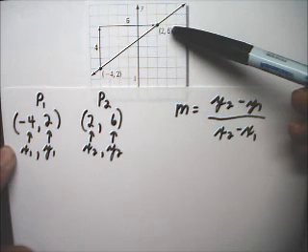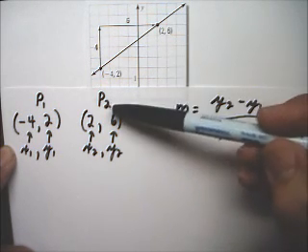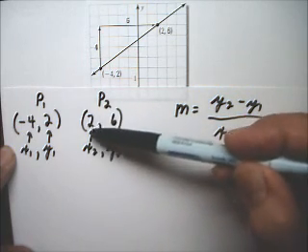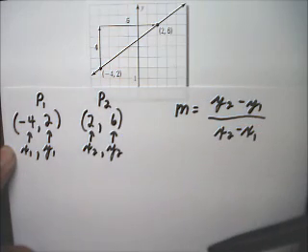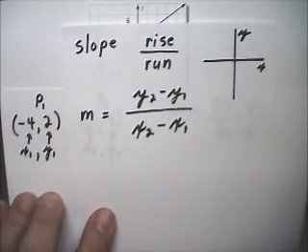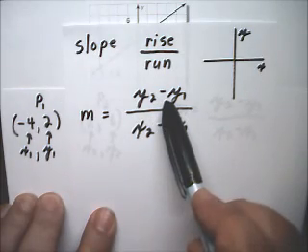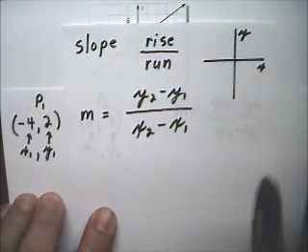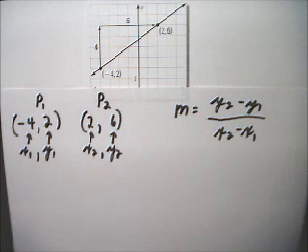Now, point 2, I made this one 2 comma 6. So if this is point 2, then this is x2 and this is y2. Now, I explained why slope has to be the difference of y2 and y1 divided by the difference of x2 and x1.